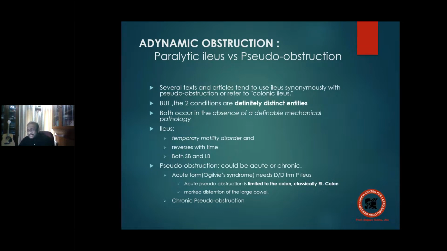Paralytic ileus is a problem of the small bowel primarily. It doesn't mean it cannot involve the large bowel, but primarily it's the small bowel. An acute pseudo-obstruction is primarily large bowel, especially the ascending colon. It doesn't mean it cannot involve the small bowel, but that is very rare. There's a marked distension of the large bowel. So the differentiation of paralytic ileus and pseudo-obstruction is a must.